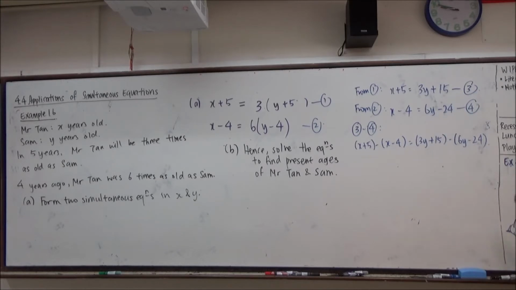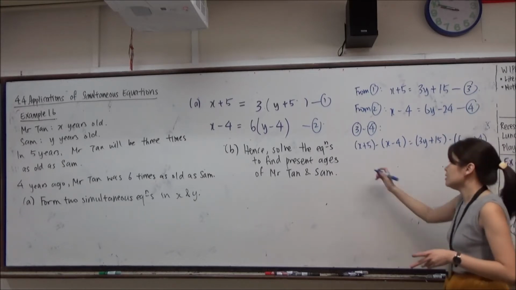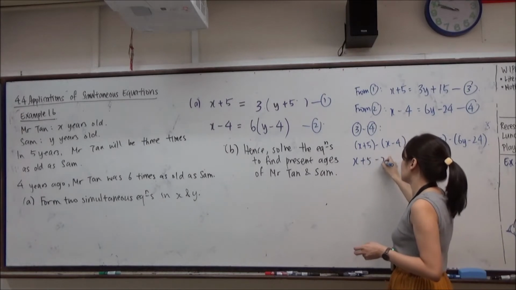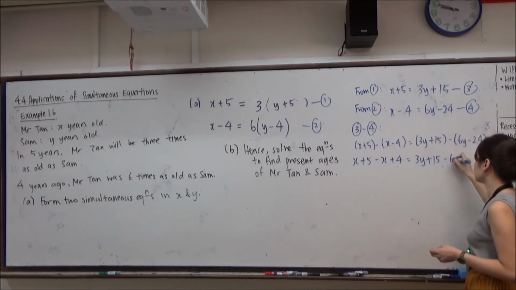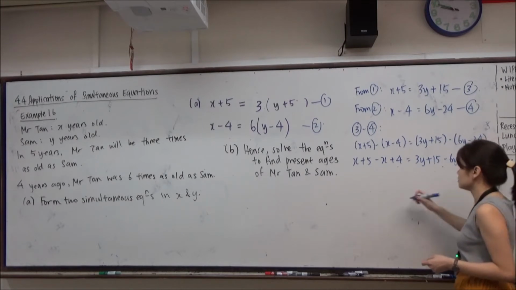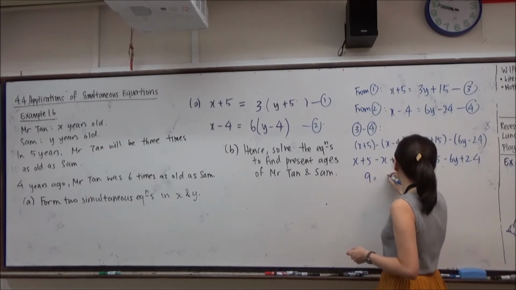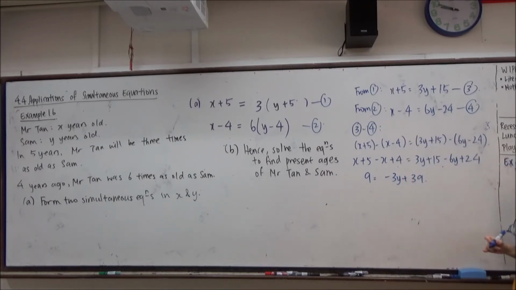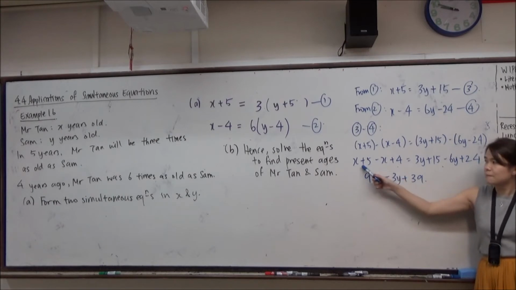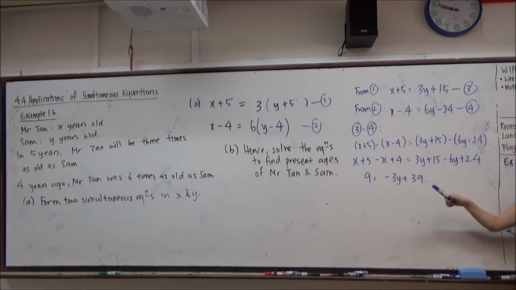Elimination, the idea is to eliminate things first. Okay, so we will find that x gets eliminated. So x minus x becomes 0, plus 5 plus 4, so we get a 9. Okay, and then on the right we have negative 3y plus 39.